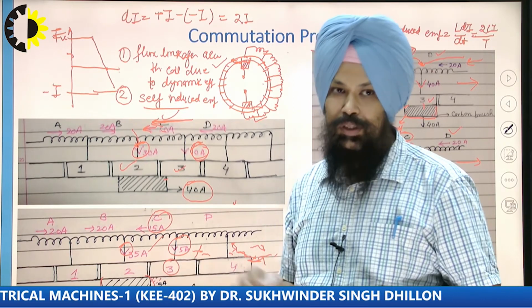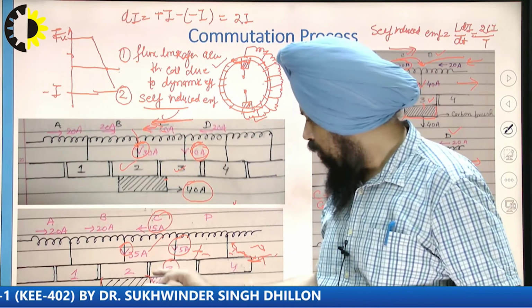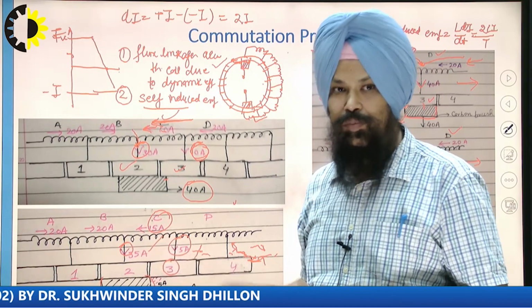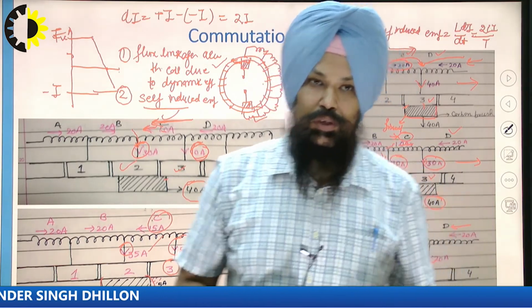That happens in the inefficient commutation process. Practically it is near to 5 ampere. We are considering just an example to show you what will happen in the actual condition.